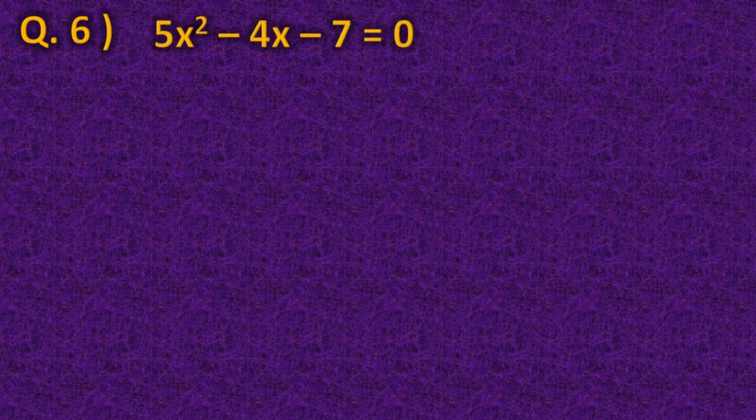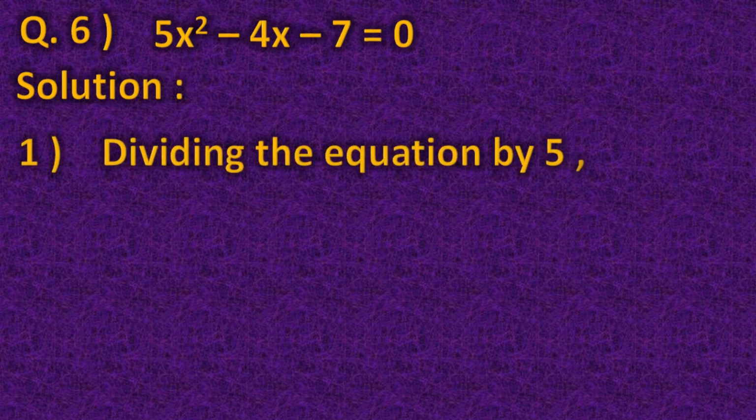5x square minus 4x minus 7 is equal to 0. Here students, divide the equation by 5. Divide each and every term by 5.